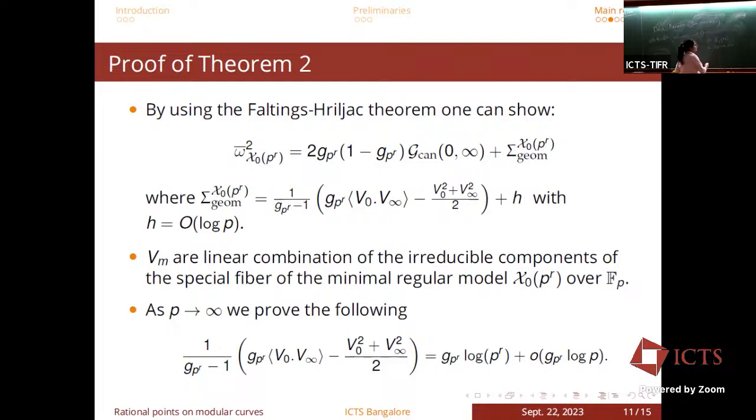And from that, he could also derive the Faltings height. Another student of Kramer, Radoš, has considered the modular curve X(n), also for n square free. But in this case, his model is not semi-stable, so he could not get to the Faltings height.